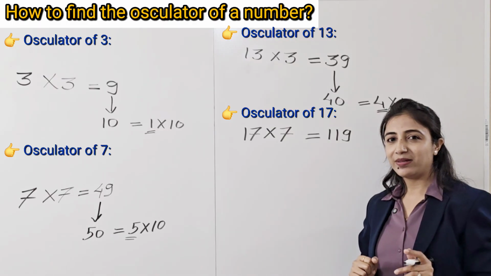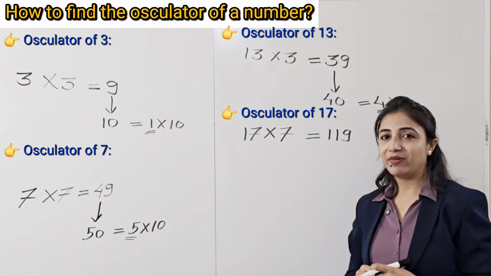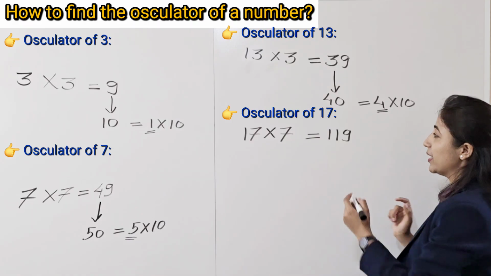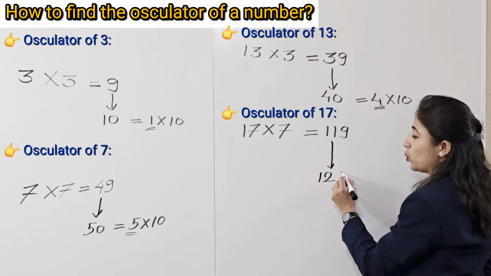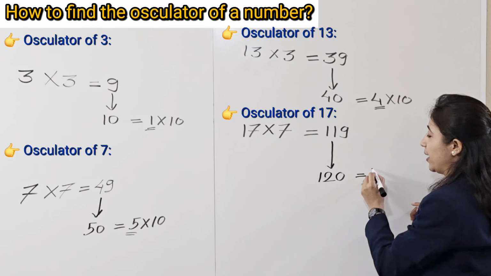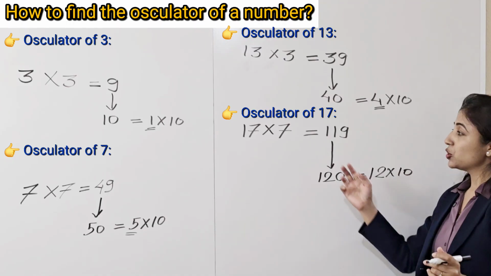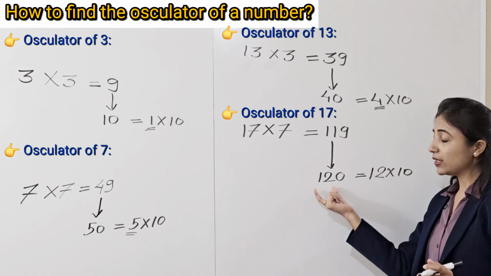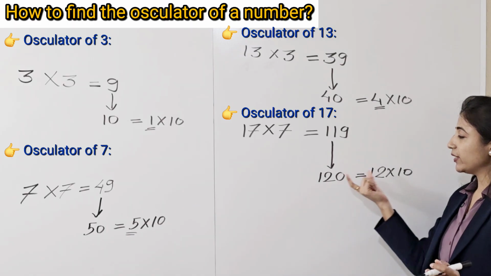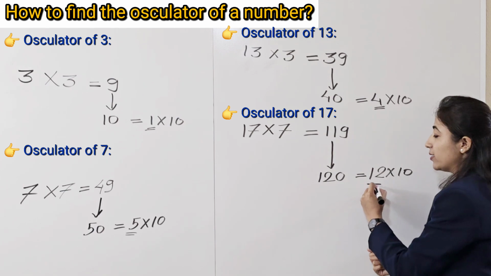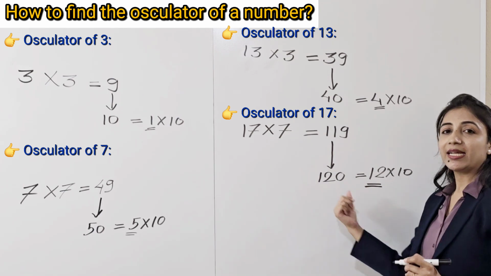Now it is difficult to see which multiple of 10 is near, but it is near to 120, and 120 you can write as 12 into 10. So 119 is near to 120, and that means the osculator for 17 is 12.